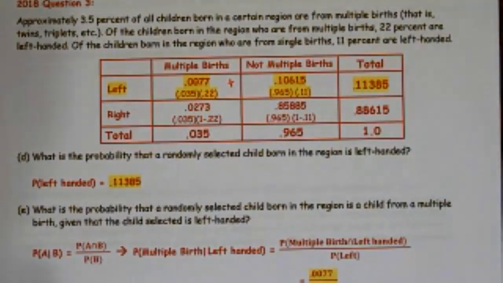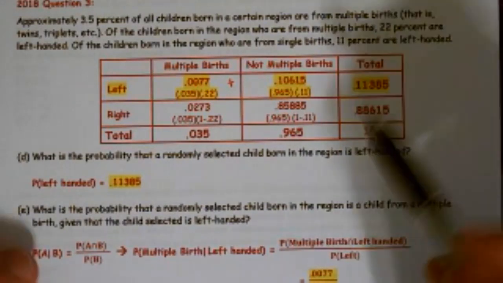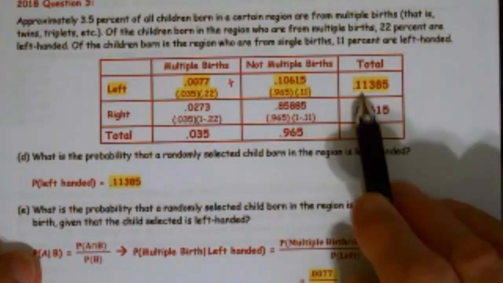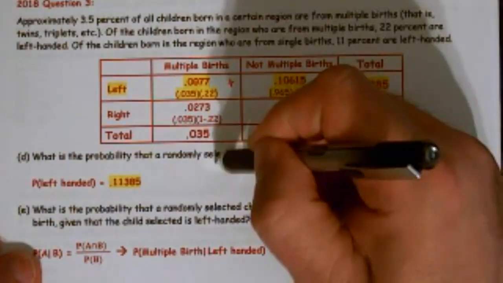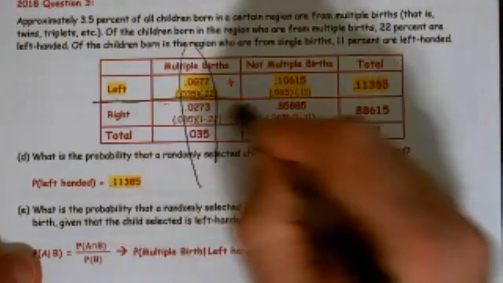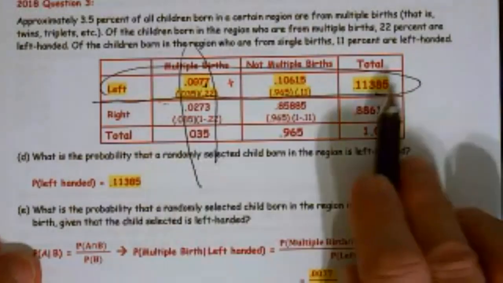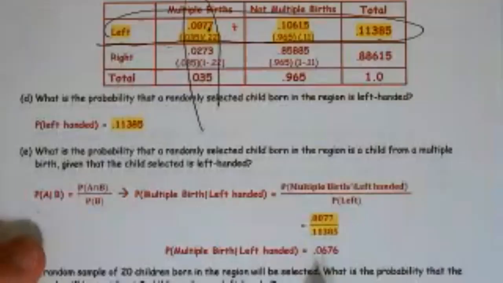Next part, what's the probability a randomly selected child born in the region is a child from multiple births, given the child is left-handed? Oh, so that's going to be intersection over given. We're given that they're left-handed. And what's the probability of their multiple births? So the part that got circled twice is my intersection. So this was my numerator, and that's what we were given. So that's my denominator.